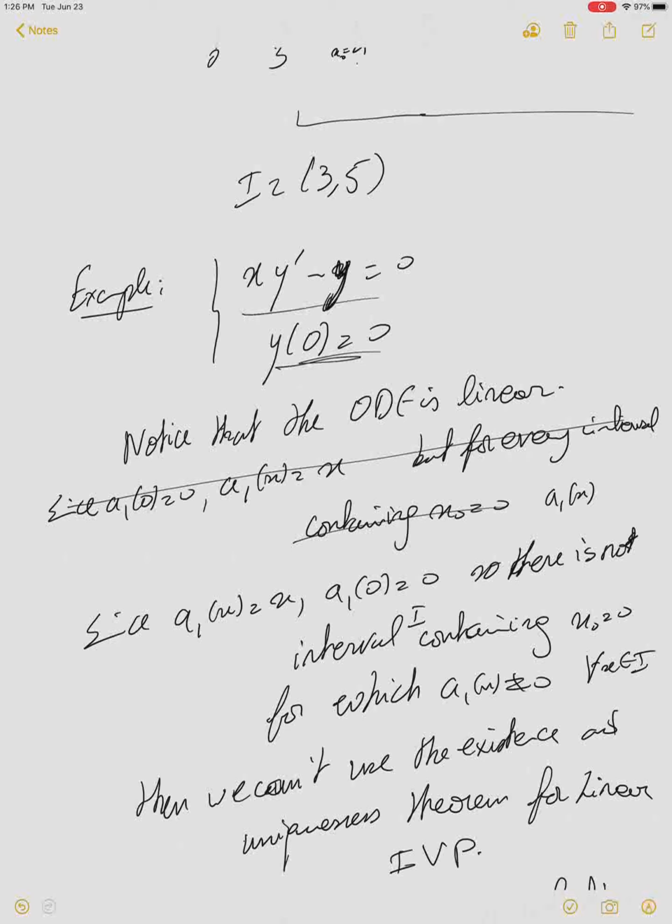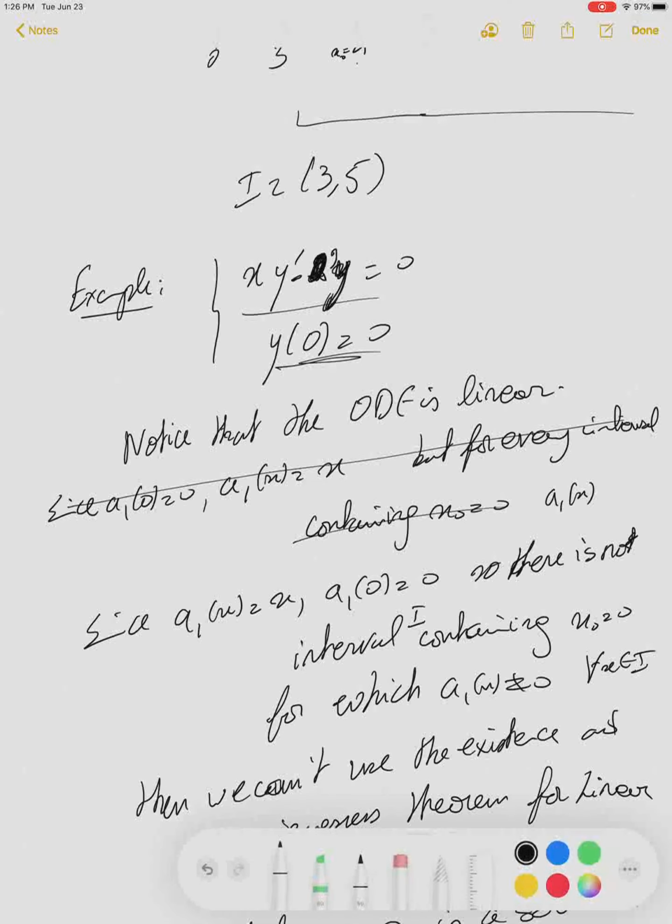If you replace y by x squared, you get x times y prime, okay, let's not change this.